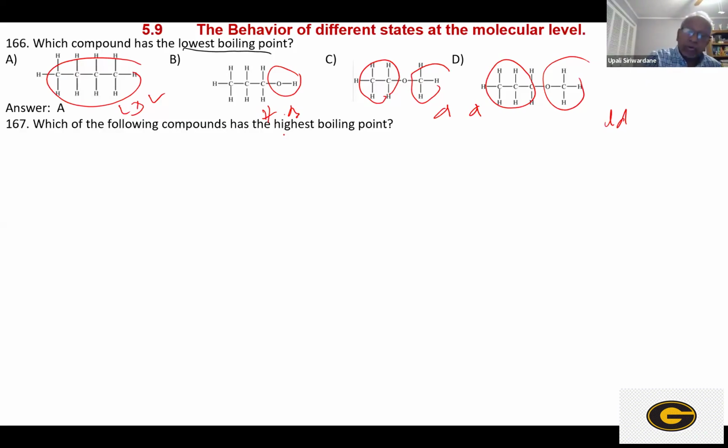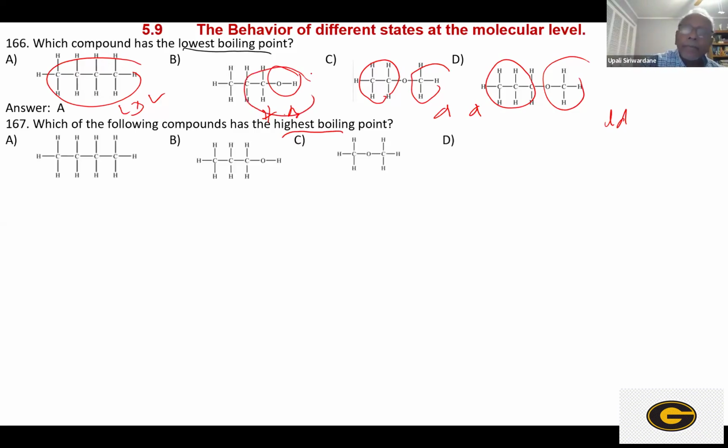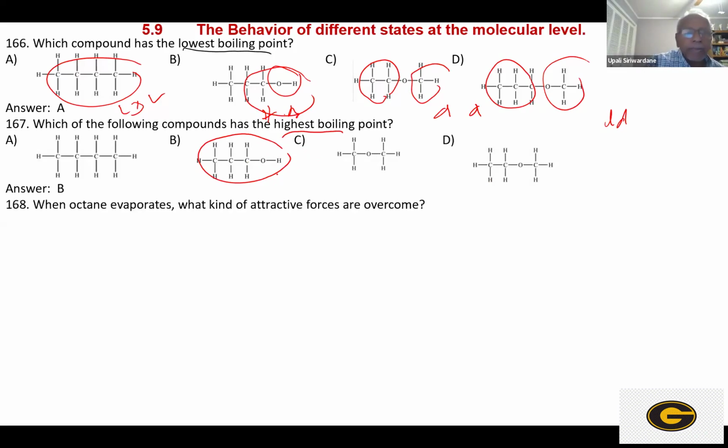Similar question: the highest boiling point is the one with the hydrogen bonding. The highest boiling point has the highest dipole, that's the hydrogen bonding OH. That's the highest boiling point. Answer is B. When octane, which is a non-polar molecule, boils, what kind of forces have to be overcome?